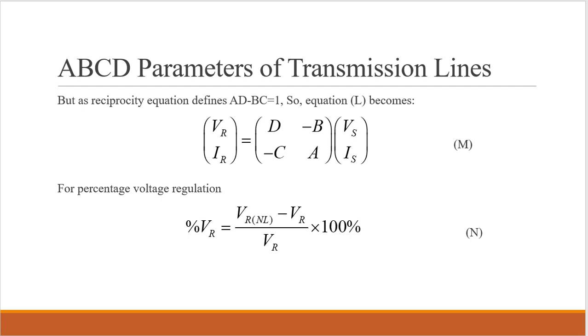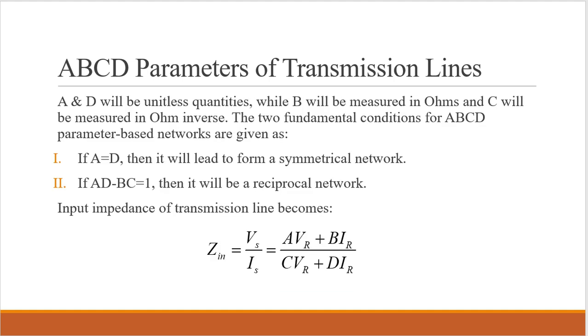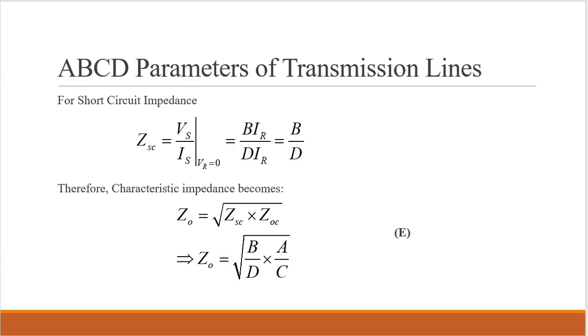For a reciprocal network there were two conditions that I told you earlier in this slide: in the first case A is equal to D, and in the second case AD minus BC is equal to 1.